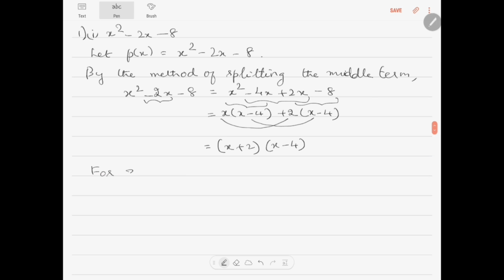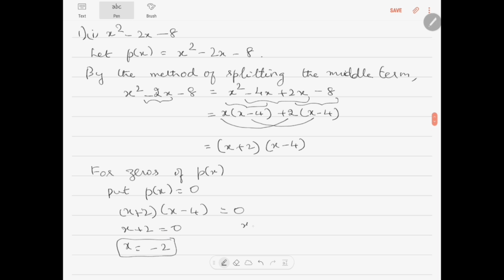Next, to find the zeros of p of x, put p of x is equal to 0. So x plus 2 into x minus 4 is 0. x plus 2 is 0, so x is equal to minus 2. x minus 4 is 0, so x is equal to 4.